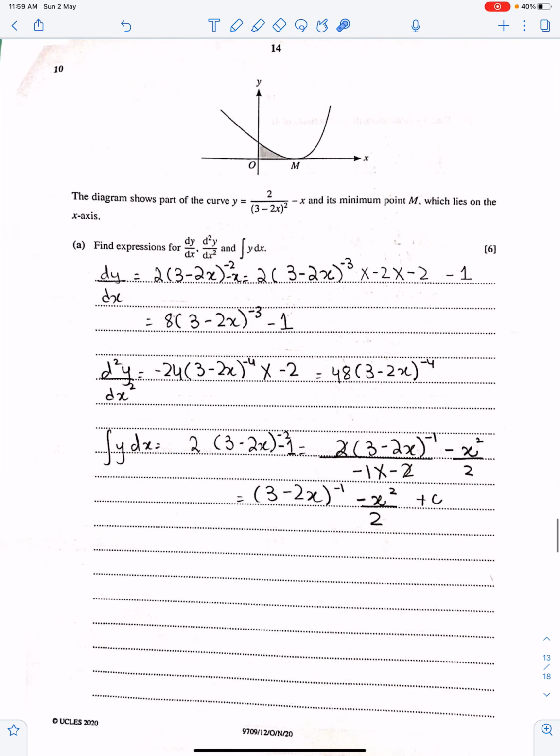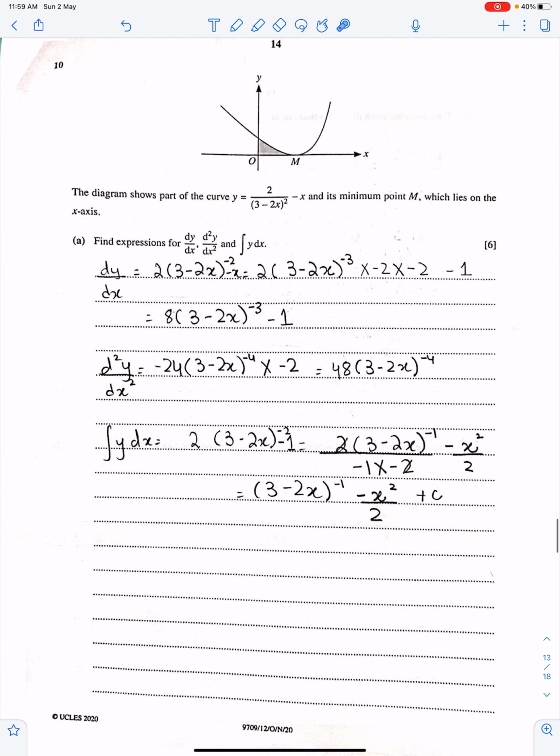Next question, number 10. The diagram shows part of the curve and its minimum point is M, which lies on the x-axis. Well, we need expressions for dy upon dx, second derivative, and integral.